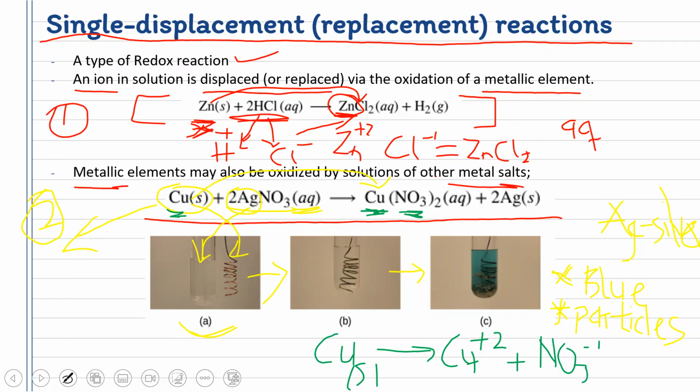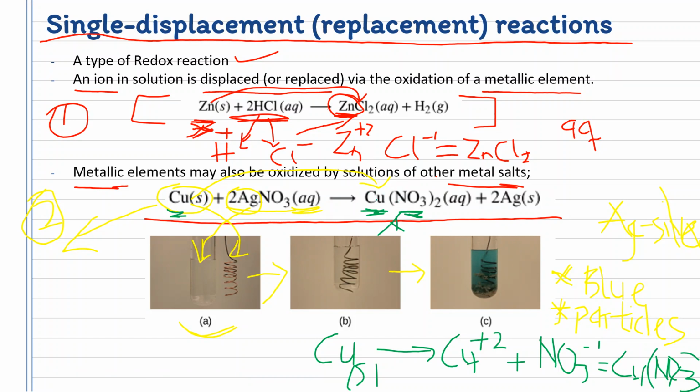And that's how they form Cu(NO3)2, with a bracket. So I'm just trying to explain what is happening in here. So the oxidation number for copper here changed.